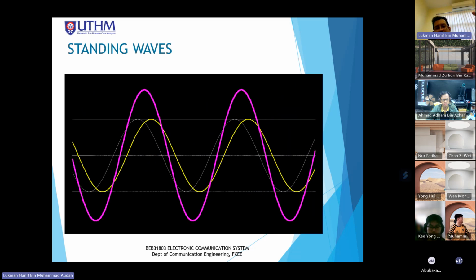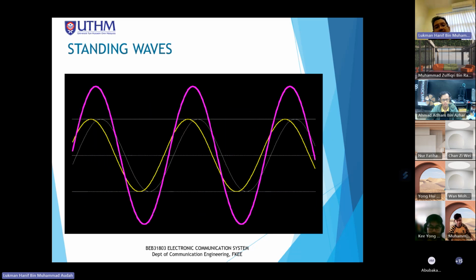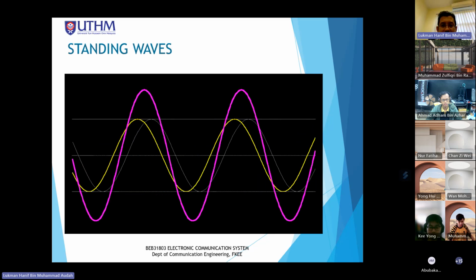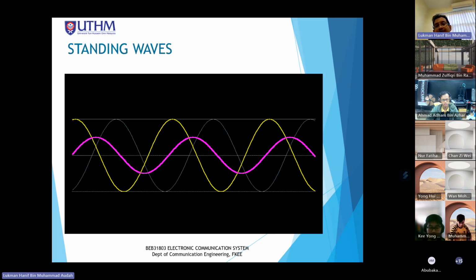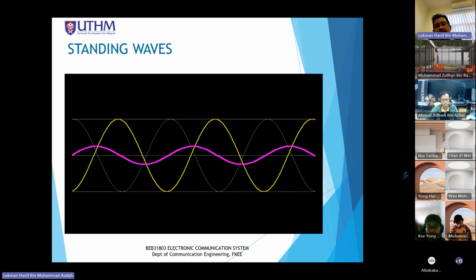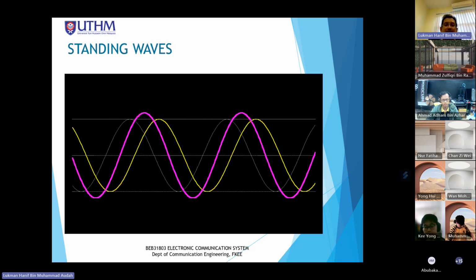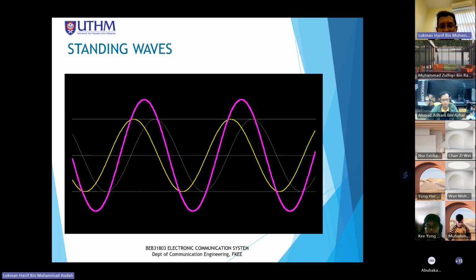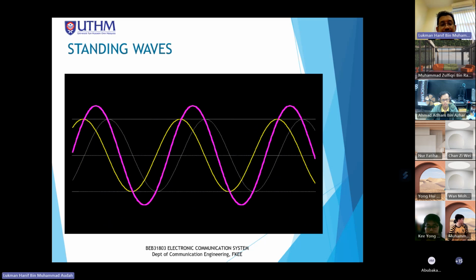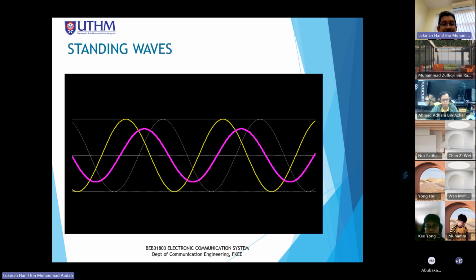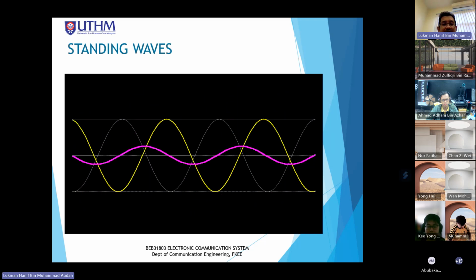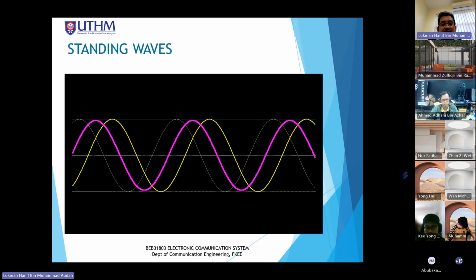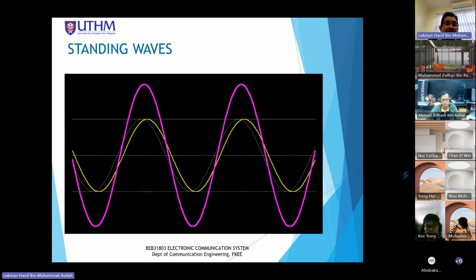We can say that it moves from the source to the load, while the gray graph moves from load to the source, from right to left. And the purple graph is actually the standing wave.